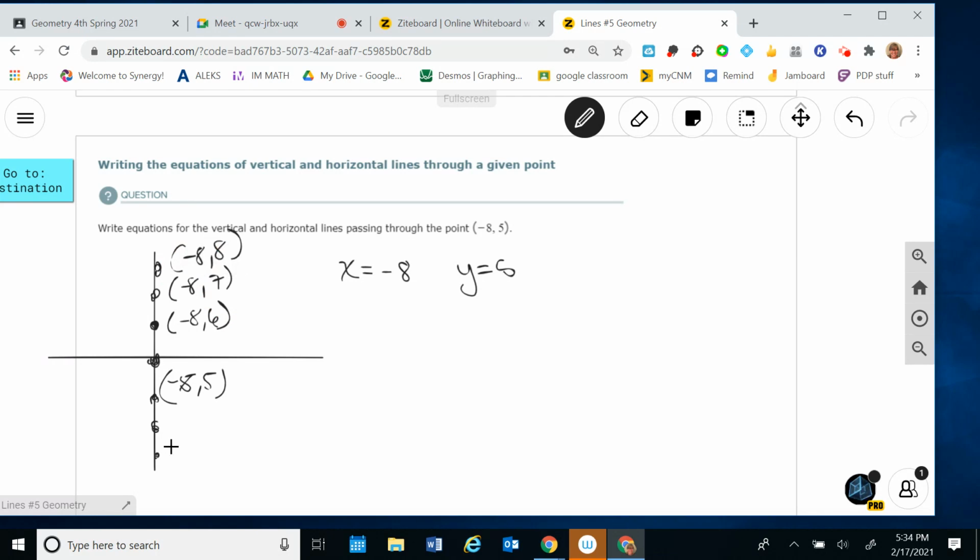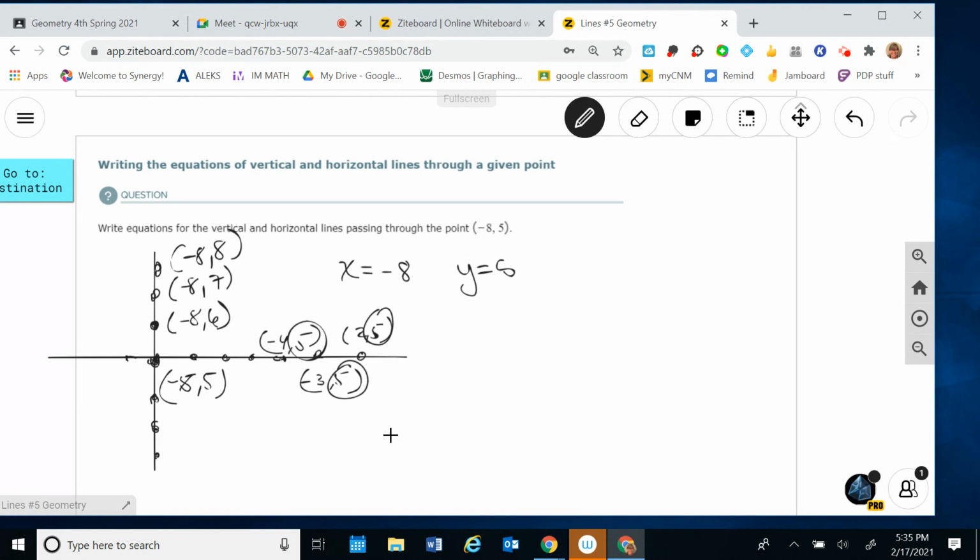In other words, x is always equal to -8. This one, this one, this one: -7, 5, -6, 5, -5, 5, -4, 5, -3, 5, -2, 5. So if you were just naming points, you would see that y always equals 5.